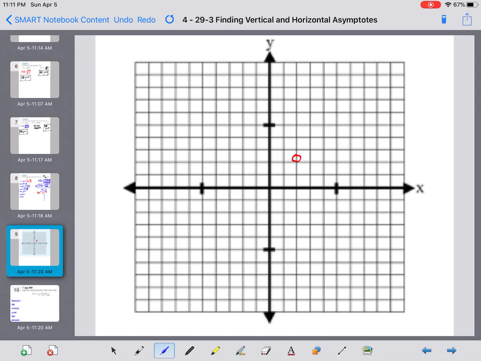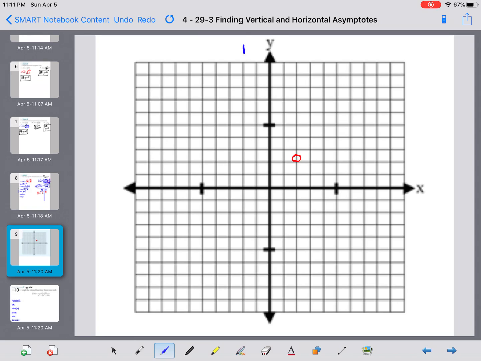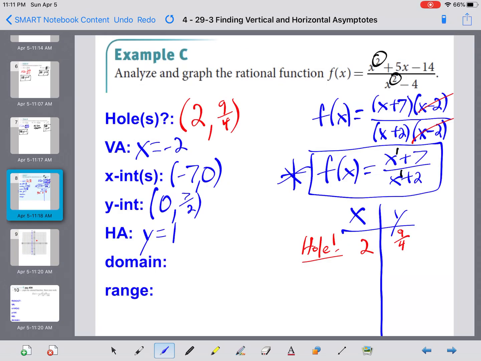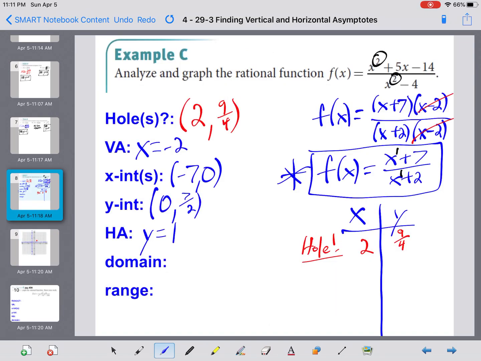So let's go over here and start graphing this, okay? We got x equals -2 as my vertical asymptote, right there. We got y equals 1 as the horizontal asymptote, right there. All right.